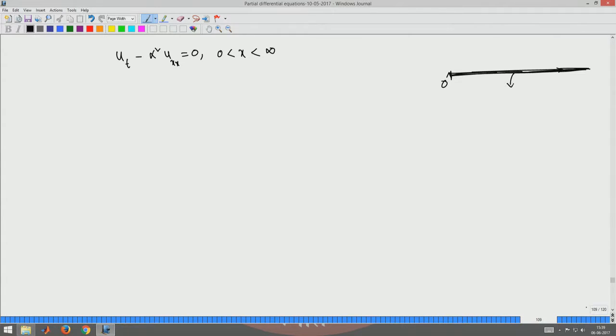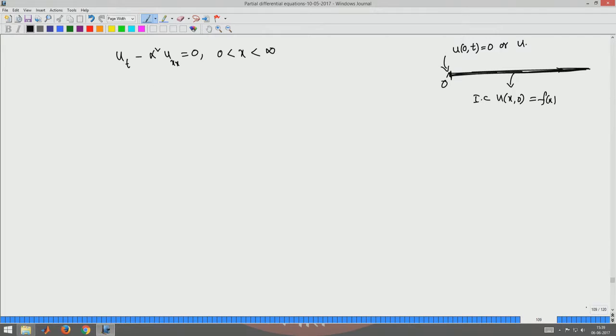Initially you know the temperature, so u at (x, 0) is given. This is the initial data. At the boundary you have boundary data: u at (0, t) is maintained at 0 for all times, or you insulate this end as well, so you do not allow heat to pass from this end.